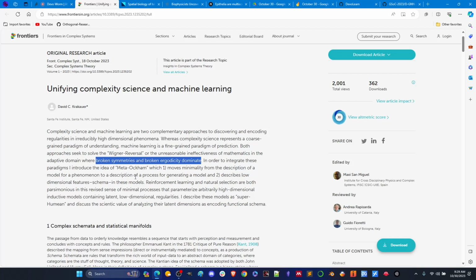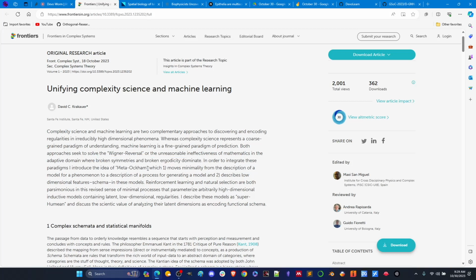This is where we get complex behavior, symmetry breaking, ergodicity breaking, the breakdown of predictability in systems, and where systems explore different states differentially. This is basically the heart of complexity. We might get into symmetry and ergodicity at some point, but suffice it to say that's one of the principles of complexity science.